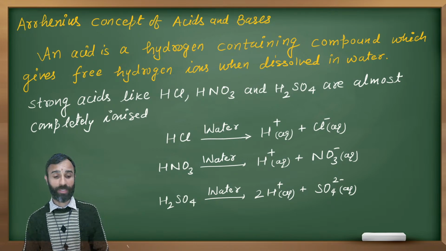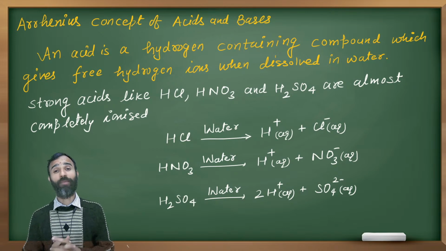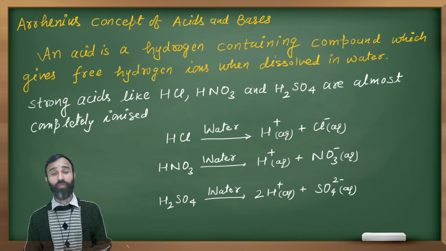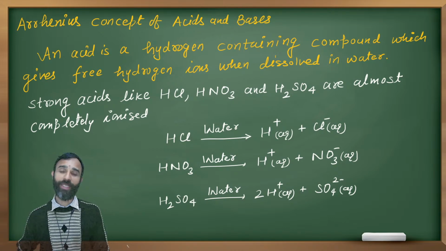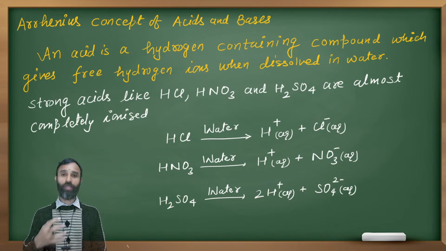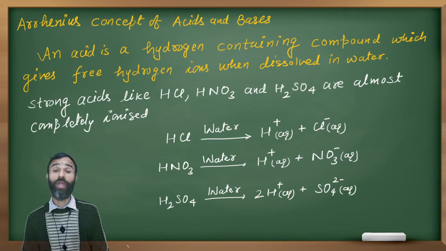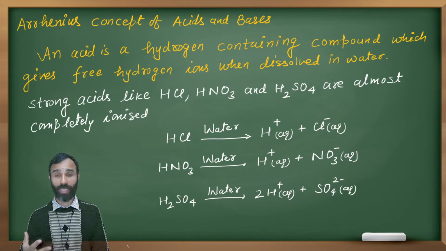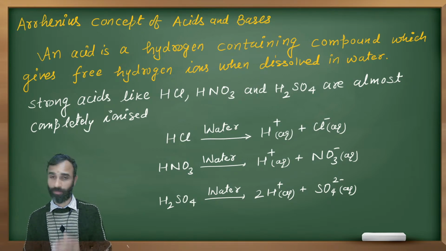Okay, so let's start Arrhenius concept of acids and bases. So according to Arrhenius, what is an acid? So acid is the one which should have hydrogen. According to Arrhenius, the acid is the one which gives free hydrogen ions when dissolved in water.